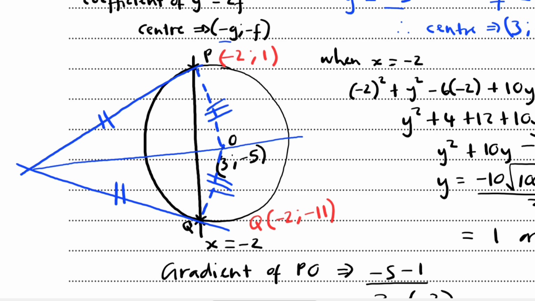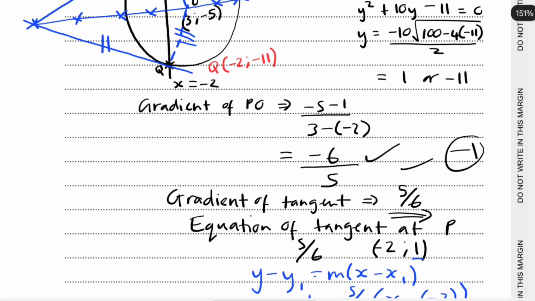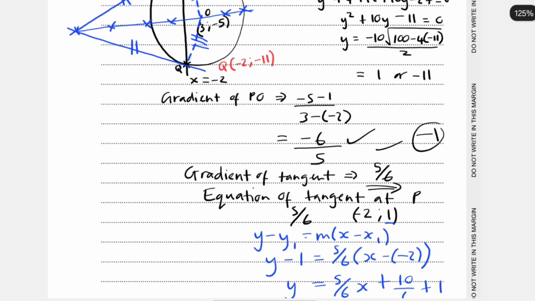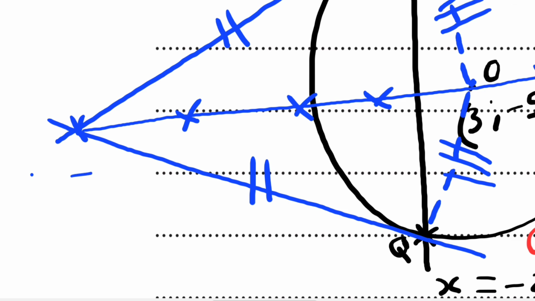In other words, any point on this line has a y coordinate of minus 5, like we are seeing on the center, which is (3, -5). So the y coordinate of this point is minus 5, so the coordinates will be (x, -5), like that.